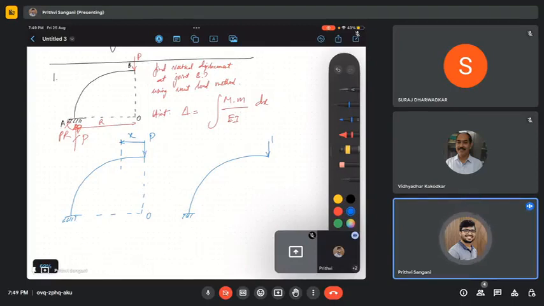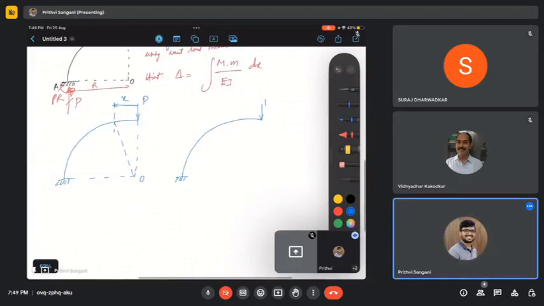So P times x. But when we are doing the integrations, we should be very careful on how to choose the independent variables that we are actually using in the integration. So let us call this theta. The x is nothing but this one. What about m?